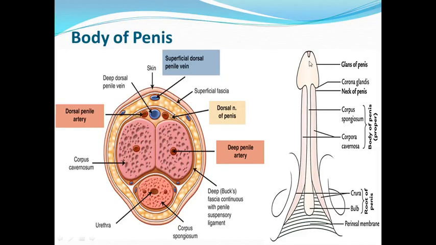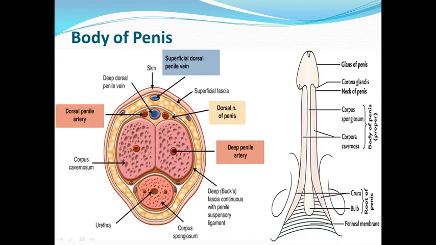Now the base of the glans penis is termed the corona glandis. It has a projecting margin. You can see these are the projecting margins of the glans penis, called the corona glandis, and it covers the neck part of the penis.